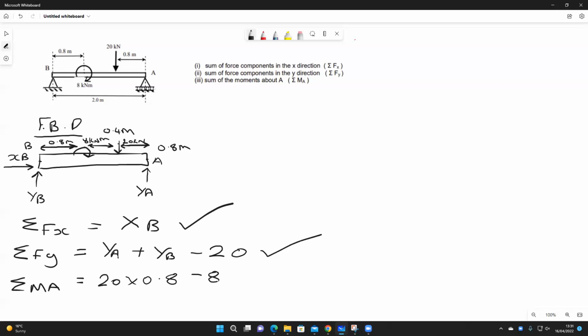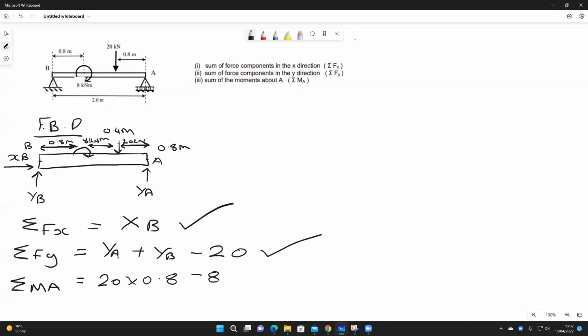Then the remaining force that we need to deal with is YB, and that's going to be multiplied by the total length of this beam, which in this case would be 0.8 plus 0.8, which is 1.6, and then 1.6 plus 0.4, which would be 2.